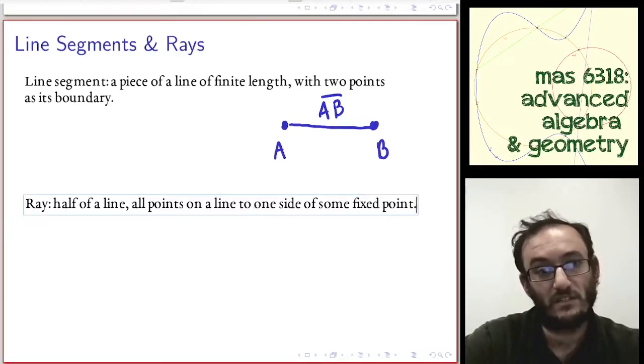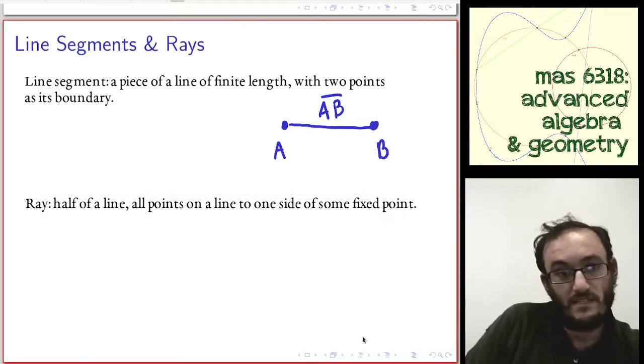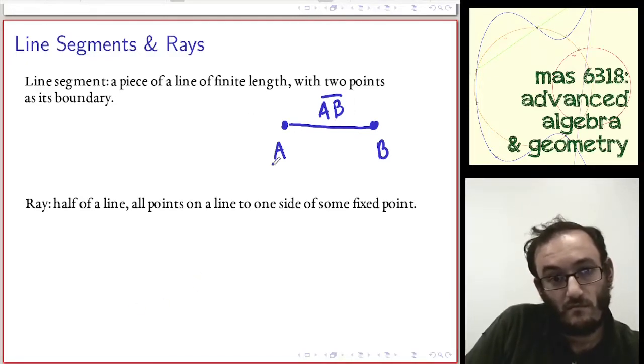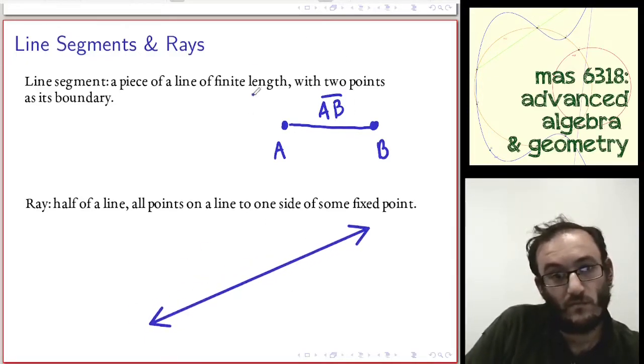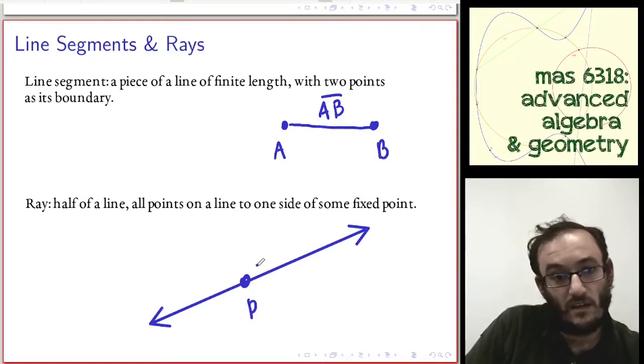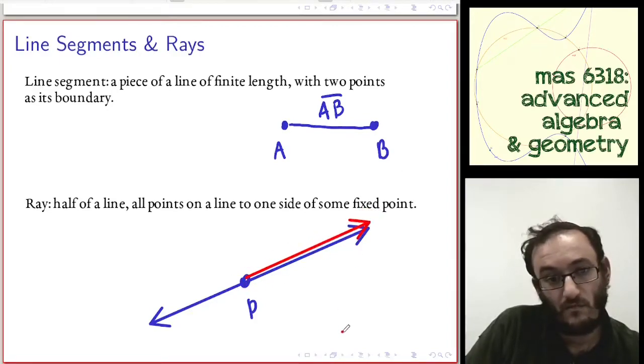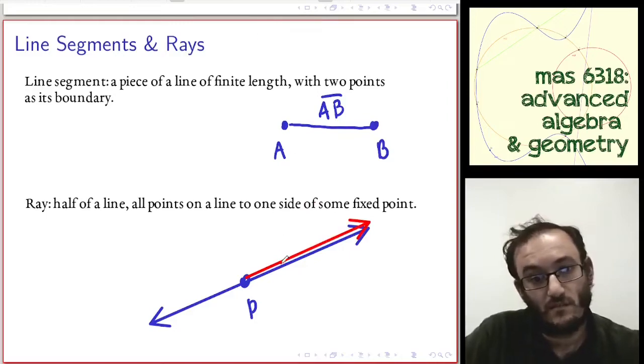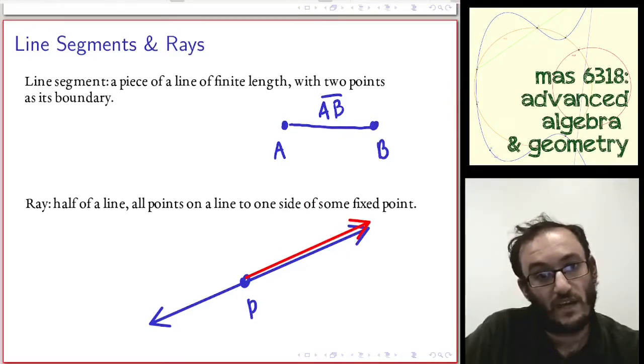If you have a line, let's say a line L, then you can fix some point P, and then everything on this side of P will be your ray. So this is a ray.